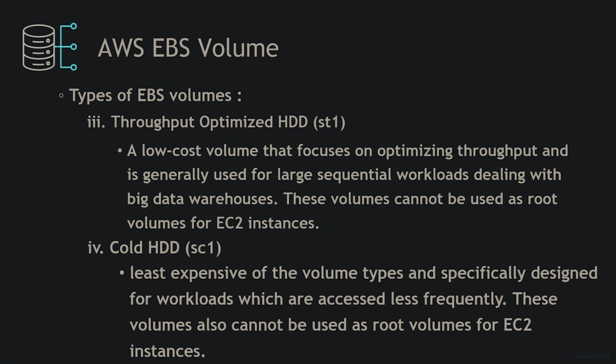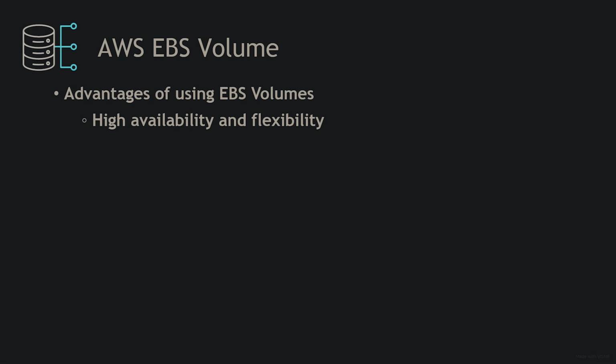But it could be documentary or governmental material, so they might need it in future. In these situations, they store that data in cold HDD or SC1. These volumes also cannot be used as root volumes for your EC2 instances. Keep that in mind.